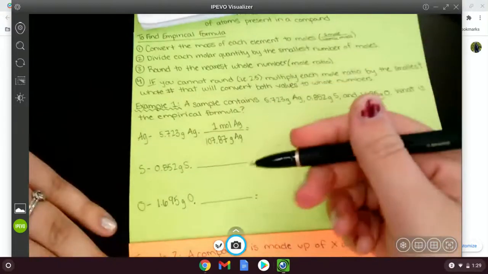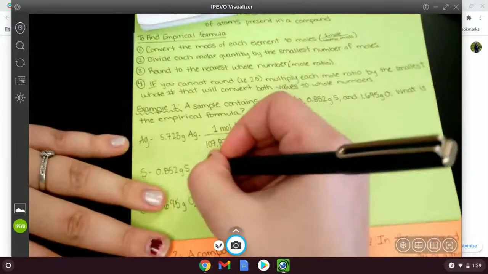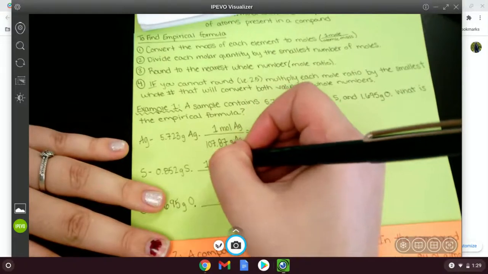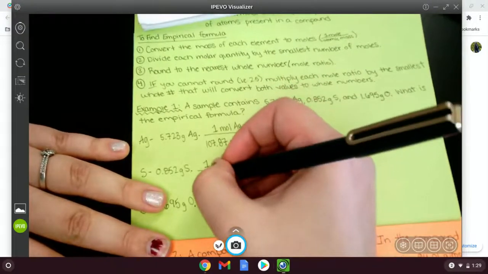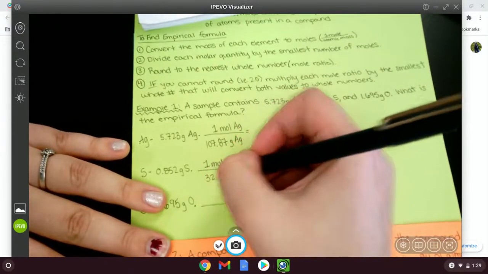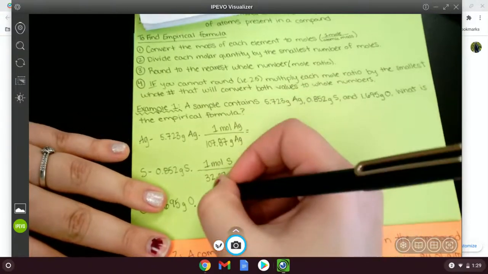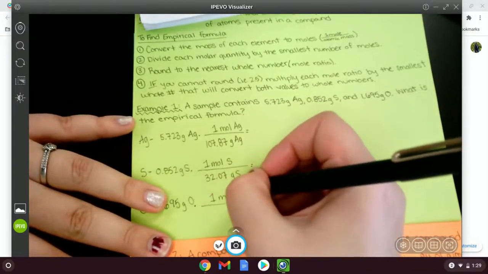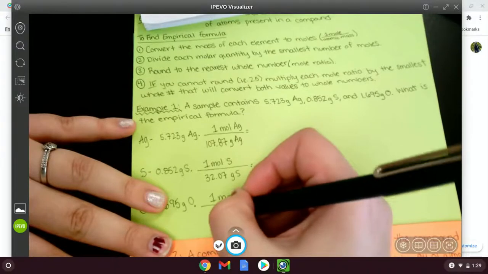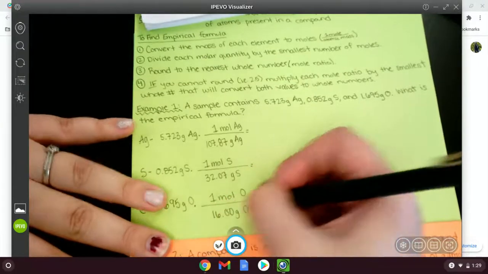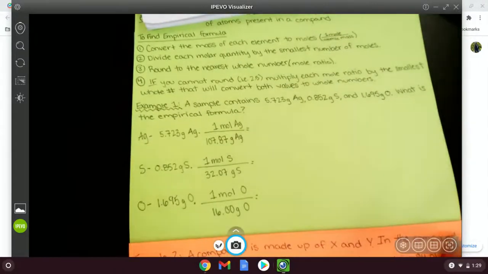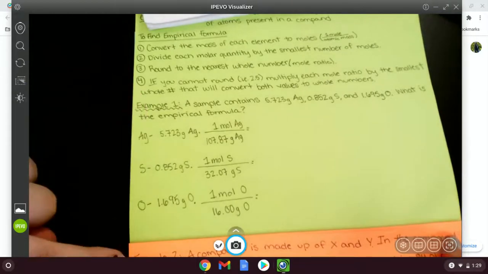And we're just going to do the same thing for sulfur and oxygen. So now we're at this point. We have our conversions set up.